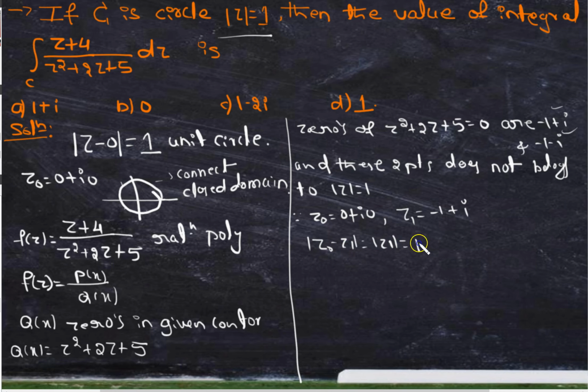Mod of z1 is the square root of (minus 1) square plus 1 square, that is root 2. Root 2 is about 1.4, definitely greater than 1, which is our radius. If the distance between these two points is greater than r, that point definitely lies outside the contour. Therefore z1 equal to minus 1 plus i lies outside the contour.